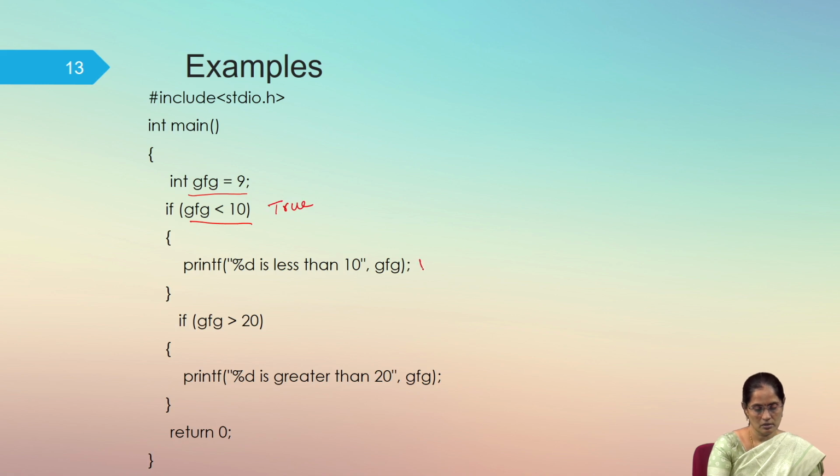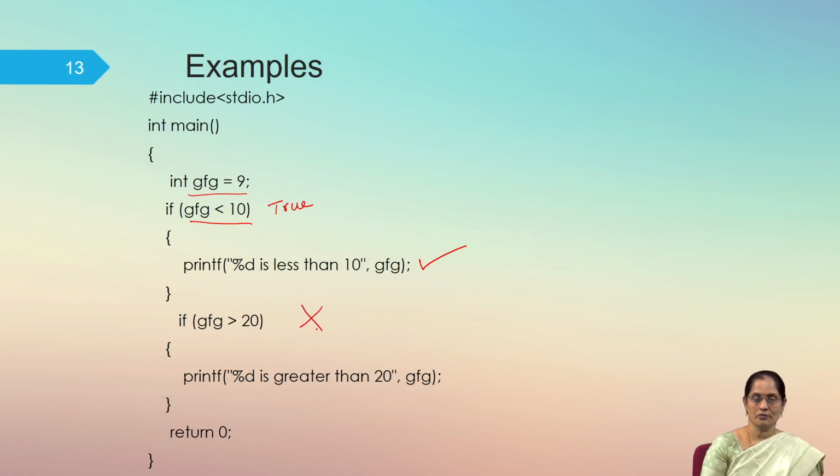So, we get this printf done, and we have one more if statement in which we check whether it is greater than 20. The value of GFG is 9, and we are checking whether it is greater than 20. So, this condition is false now.